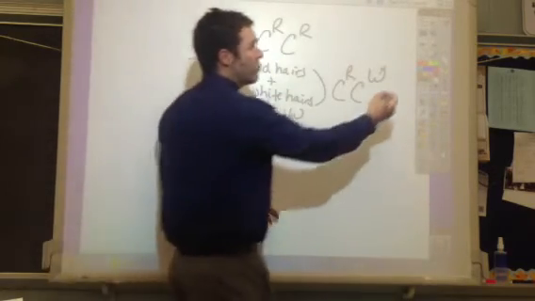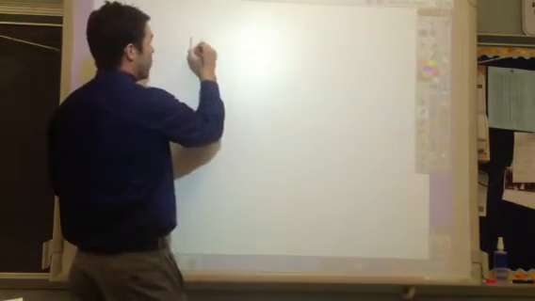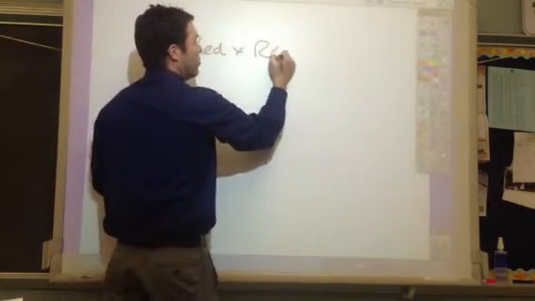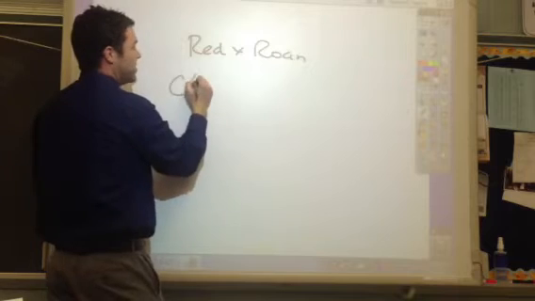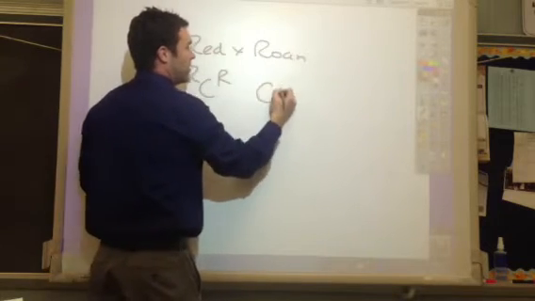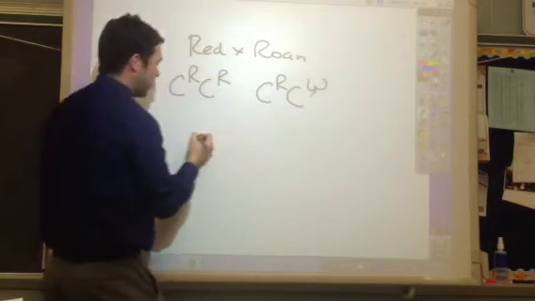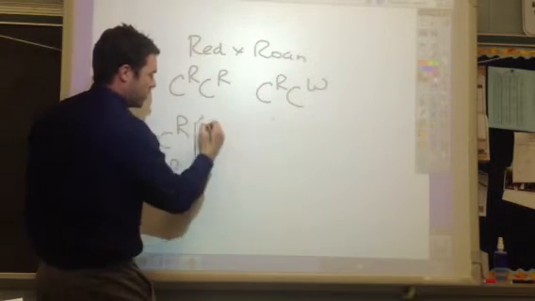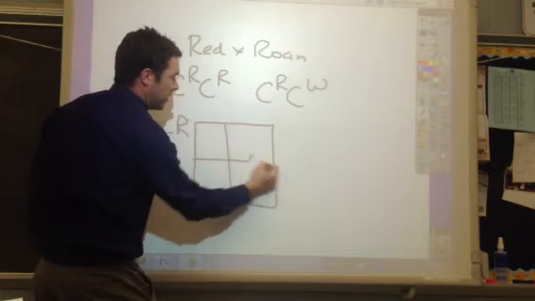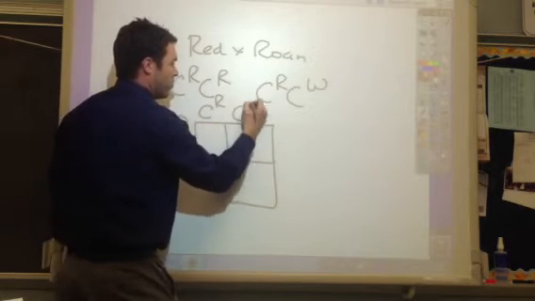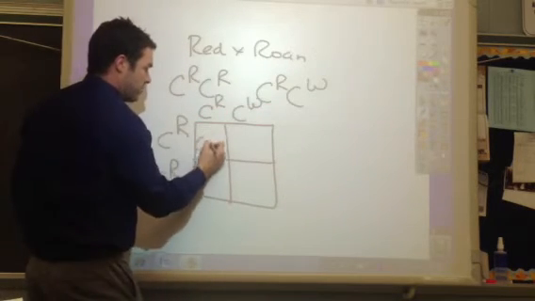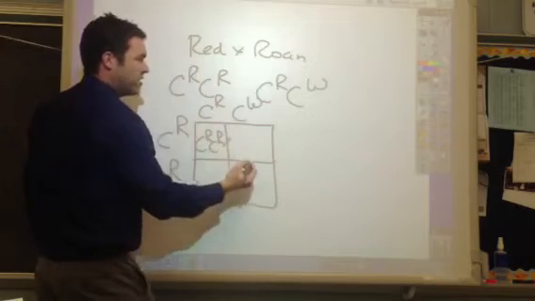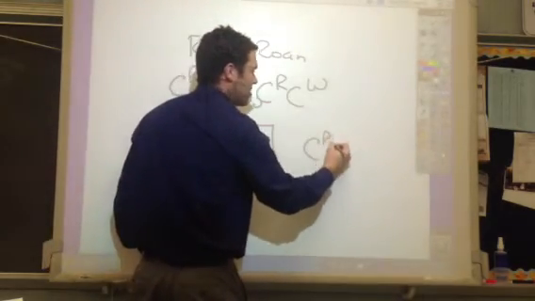So if I were to do a cross, and I cross a red horse with a roan horse, it's C^R C^R, C^R C^W. So I separate my red horse on the left, my roan horse on top. They combine. Do not do this. You cannot write it as CRR.